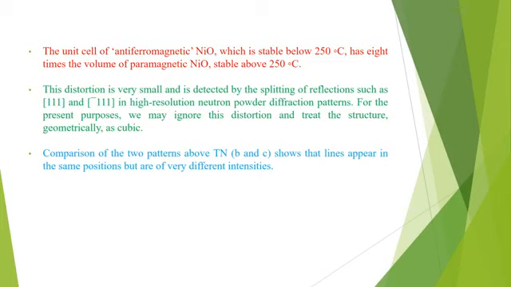This distortion is very small and it is detected by the splitting of reflections such as the 111 plane and 111 bar plane in a high resolution neutron powder diffraction pattern. For the present purpose, we may ignore this distortion and treat the structure geometrically as cubic.